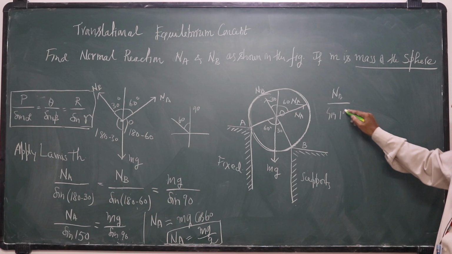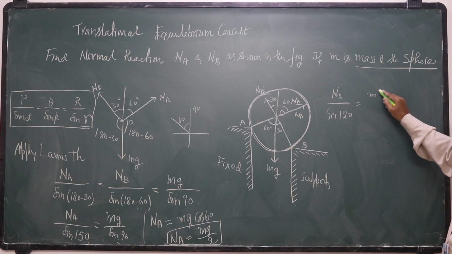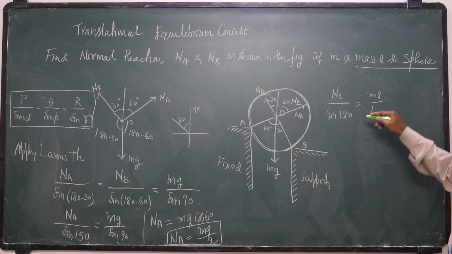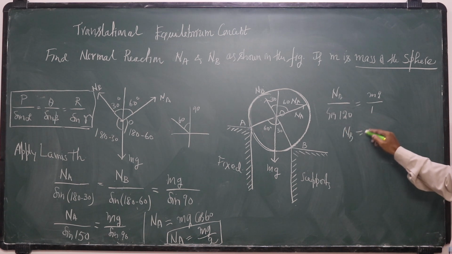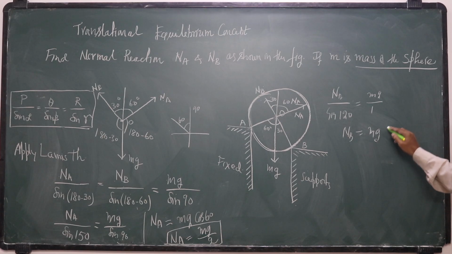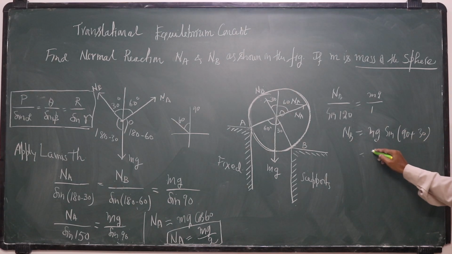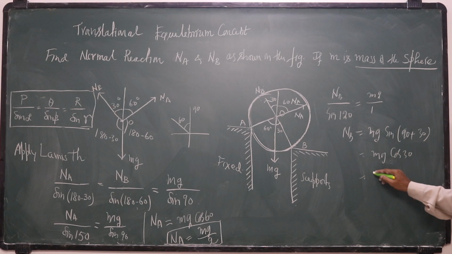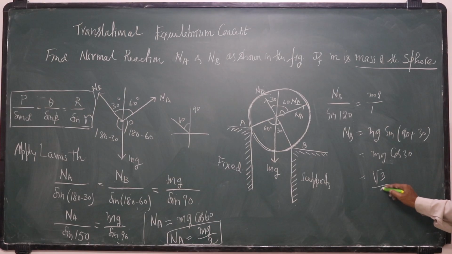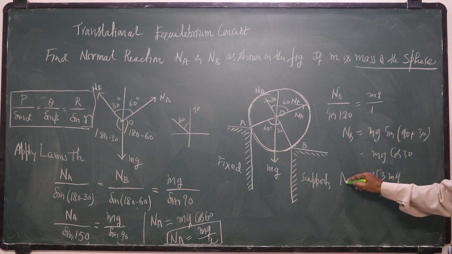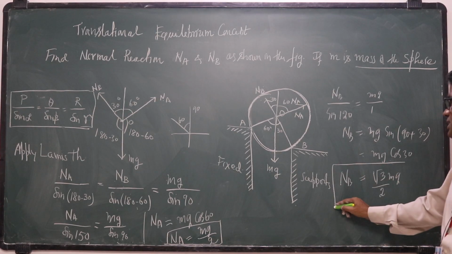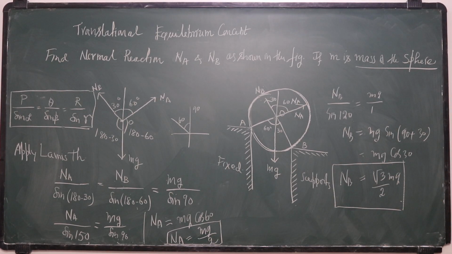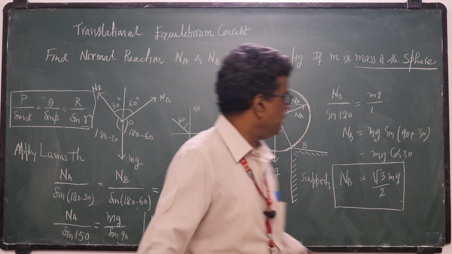Sine 120, equals mg by sine 90, which is 1. So NB is equal to mg into sine 120. Sine 120 can be written as 90 plus 30, so you will get cos 30. What is cos 30? Root 3 by 2. So the normal reaction at B, NB, is equal to root 3 by 2 mg.